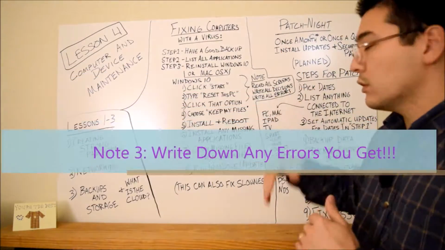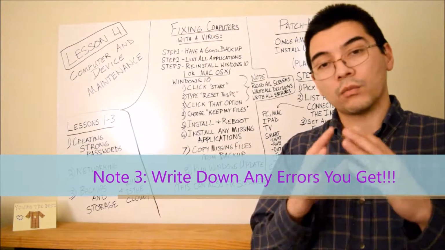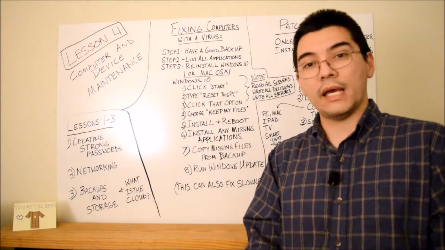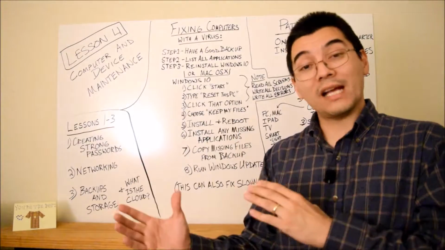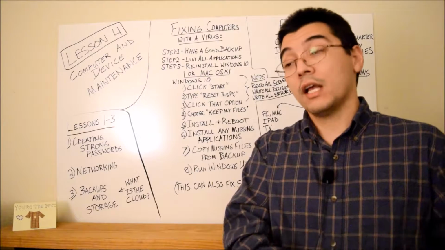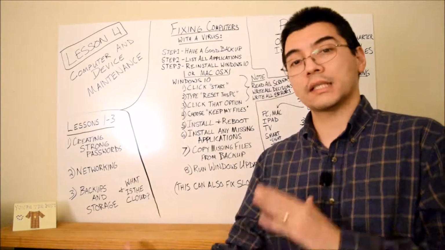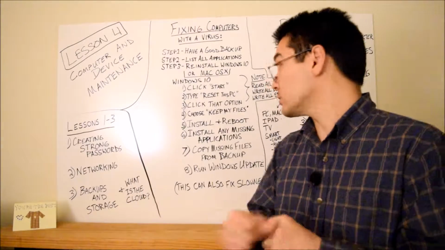And then 3, write down any errors that you get. That's really important. If you can write down the exact error that you get and your system crashes or fails, you can go to another computer, Google that error, and figure out what happened, and then go back and correct it, and you might be able to recover your reinstall.